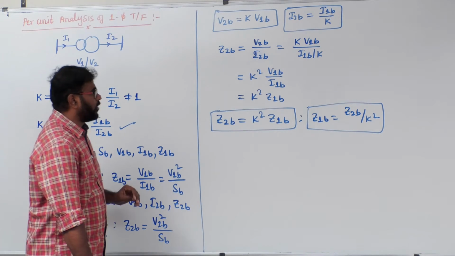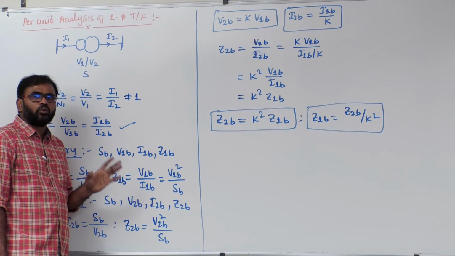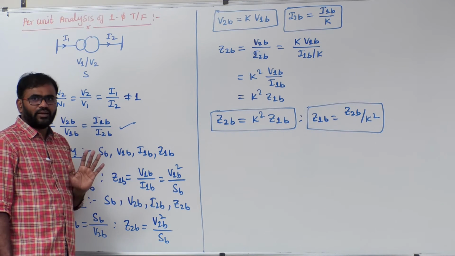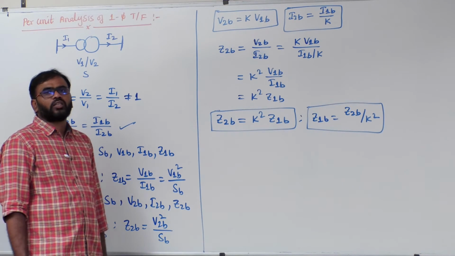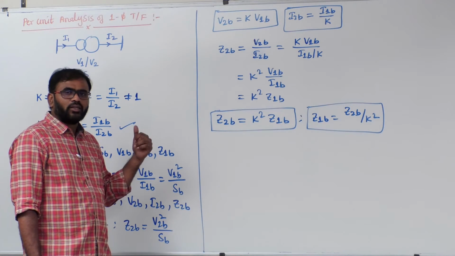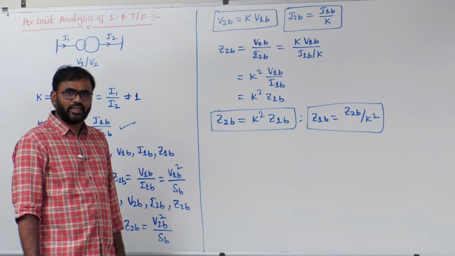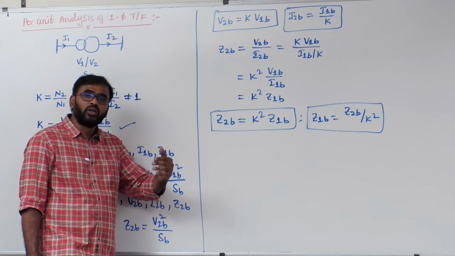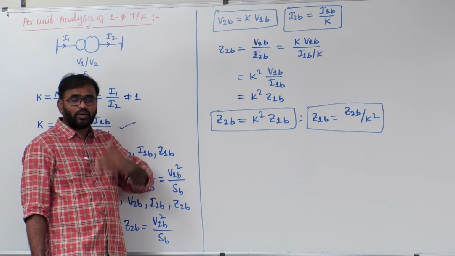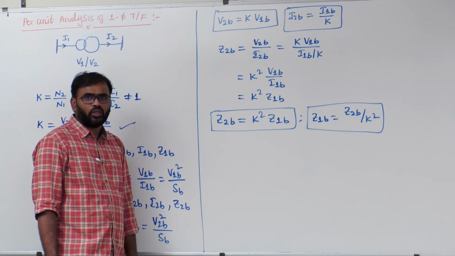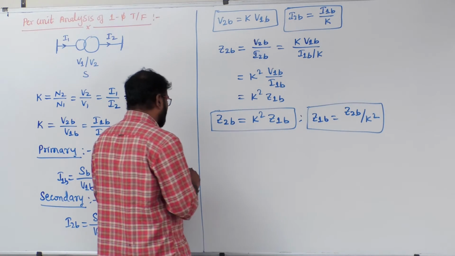Now we will define the per unit voltage and per unit current in the primary and secondary side, and then the per unit impedance in the primary and secondary. Apart from that, we need to see the impedance referred to primary and referred to secondary in per unit form.